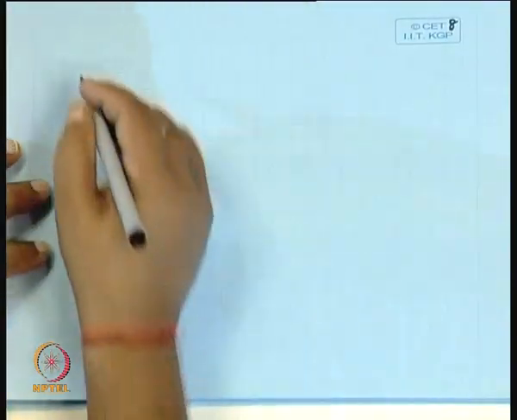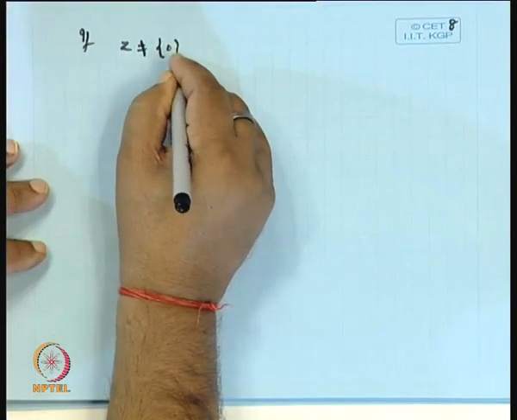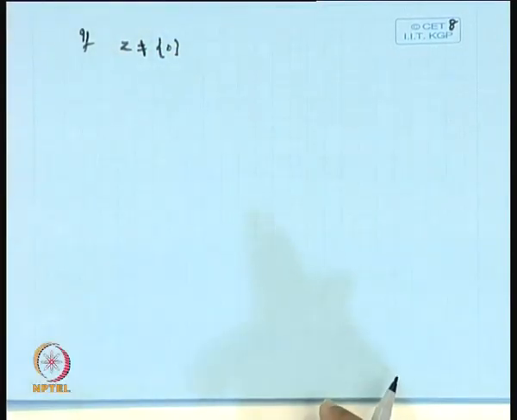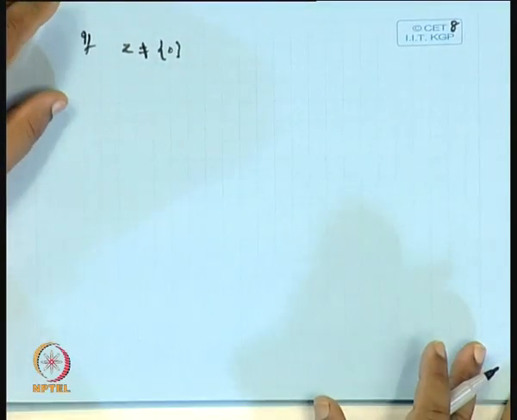Now, if Z is different from the singleton set {0}, we want to make use of the Hahn Banach theorem for real vector spaces.